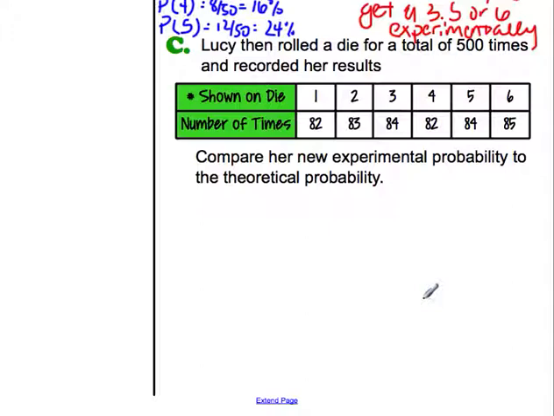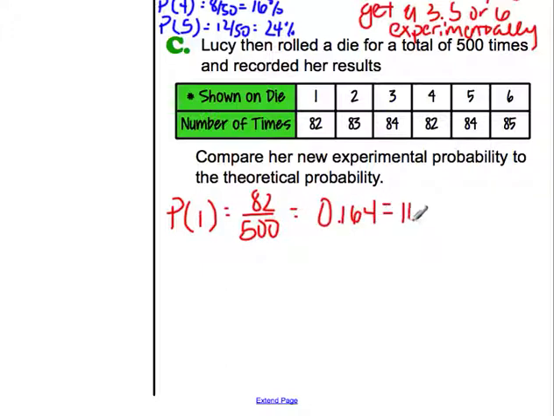The probability of getting a 1 is now 82 out of 500, which on a calculator is 0.164, or 16.4%.